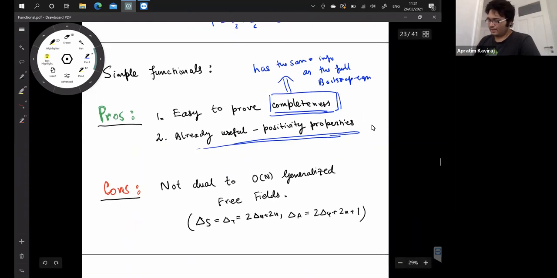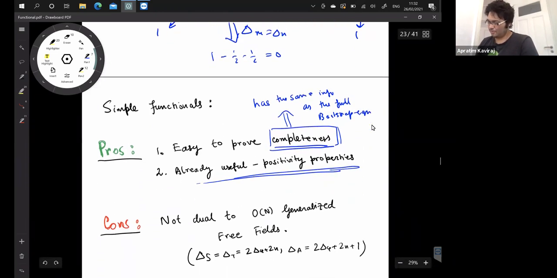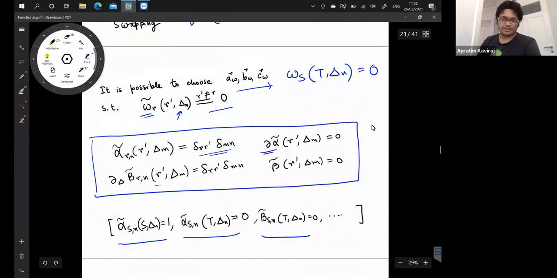One disadvantage is that they are not dual to the ON generalized free fields. Maybe I didn't show it properly. I did show these orthogonality properties, but they are not exactly GFF.